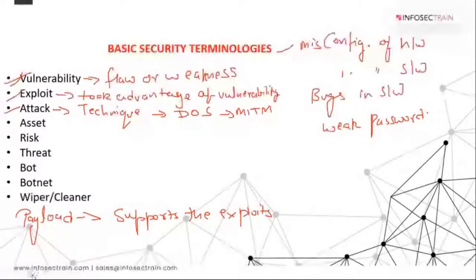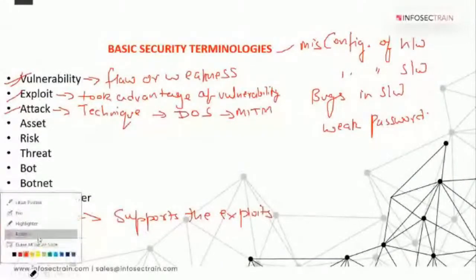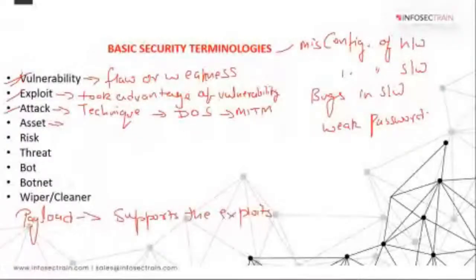Now, what things hold value for you? Let's say your confidential data that is in your mobile phone or in your laptop, that data is an asset for you, right? So asset is anything that is valuable for you.